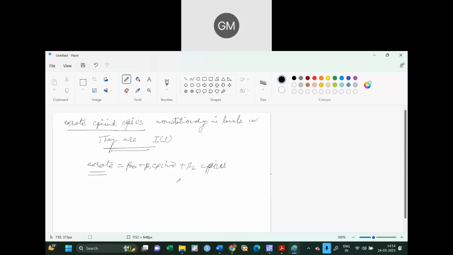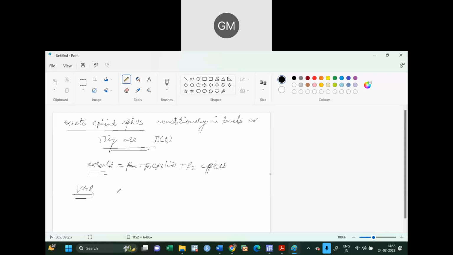In that sense, this can be spurious. So when they are non-stationary, it's not a nice idea to work with OLS. Since you are not going to work in the OLS framework, the next best thing you should start working with is vector auto regression.